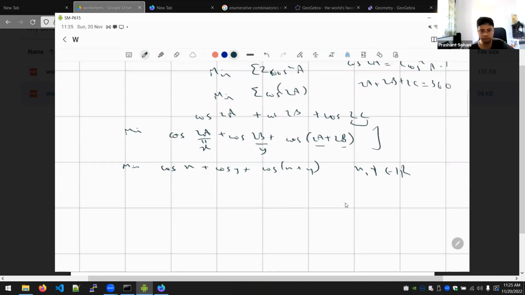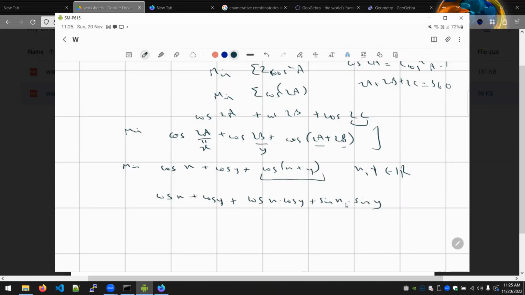So how to find the minima of this? Let us open this up and write it as cos X plus cos Y plus cos X into cos Y plus sin X into sin Y. Okay, and now minus sin X sin Y, oh sorry, minus.